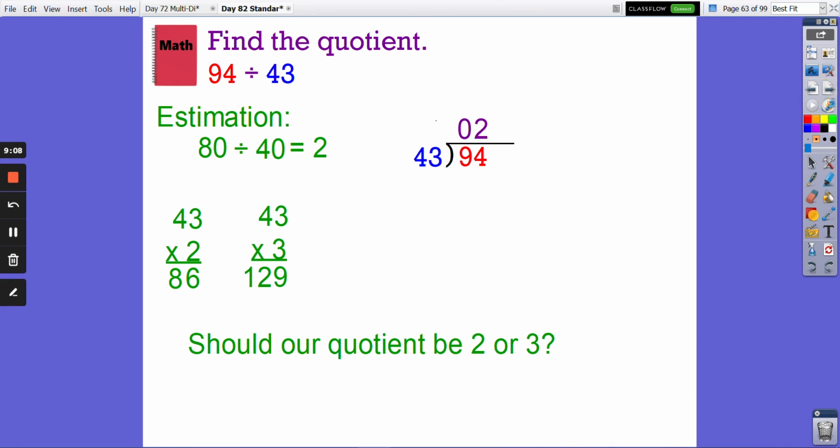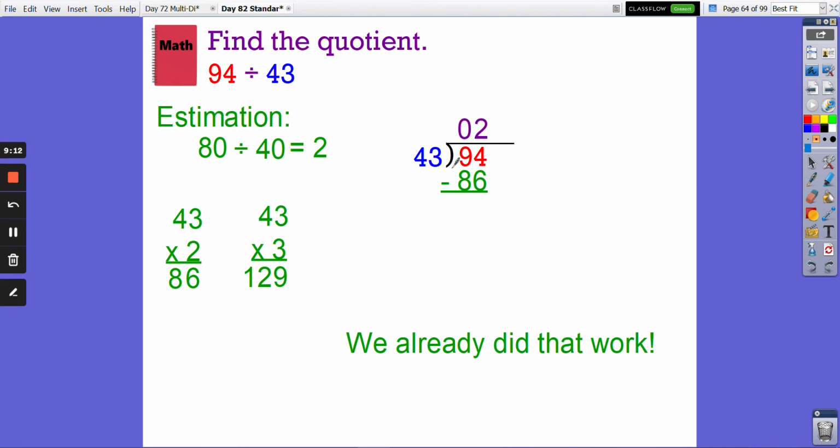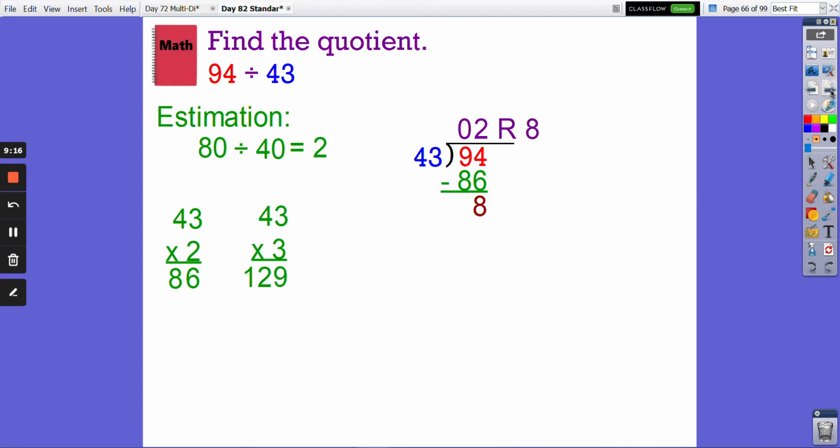So 2 times 43 is 86, and we're going to subtract, and we regroup, and we end up with 8. Okay, so we have 8 left over. So we have 2 remainder 8, or another way to write that would be 2 and 8/43.